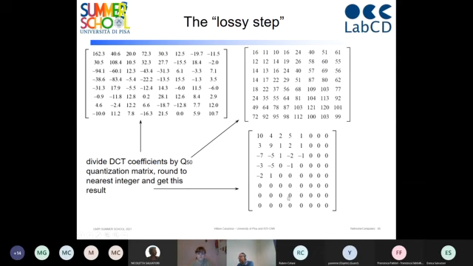And the result that you obtain is this one, where the zeros represent all the information that you have thrown away. You try to keep as much as you can in this upper left corner, because you know that is the section where the low frequencies are. So you want to keep them, and you can throw away the others.